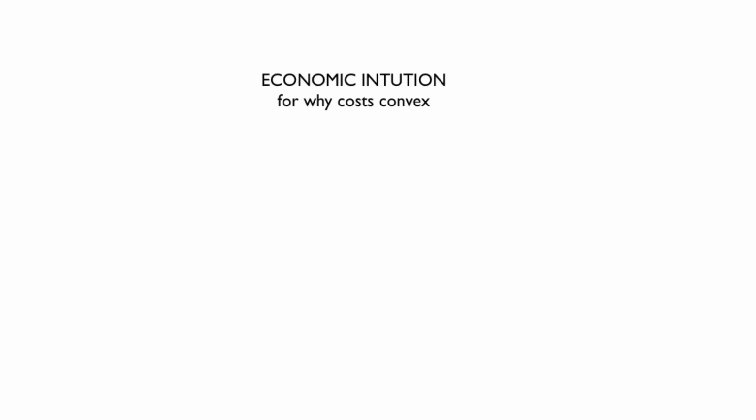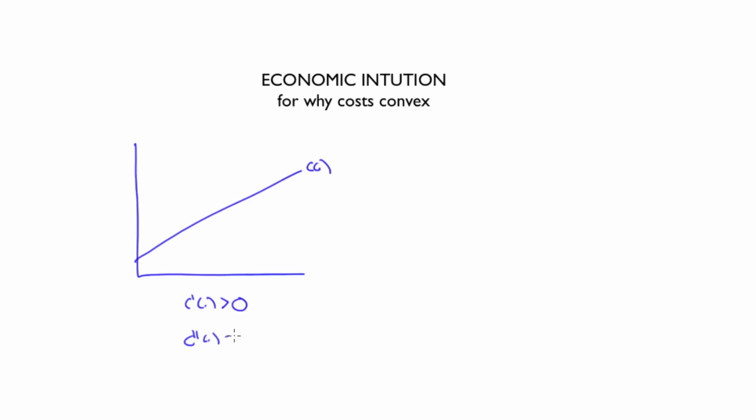The intuition for why the costs are convex in many economic problems is very analogous to the case of the concavity of the benefit function, so we can go through it a little bit faster than before. Consider first a cost function that looks like this. This is a case in which the cost function has the first derivative greater than 0 and the second derivative equal to 0.